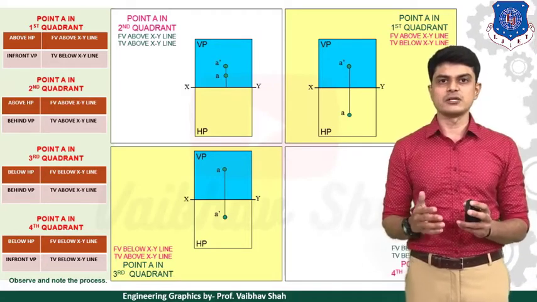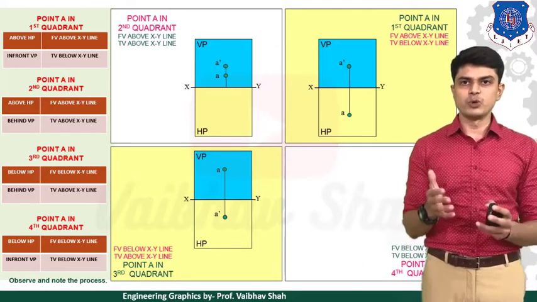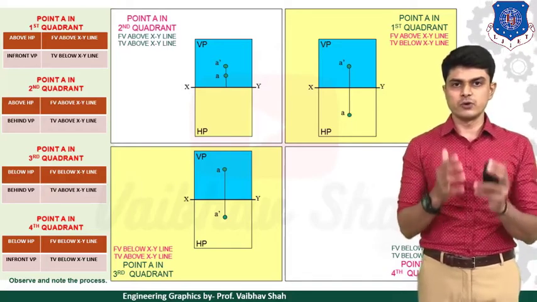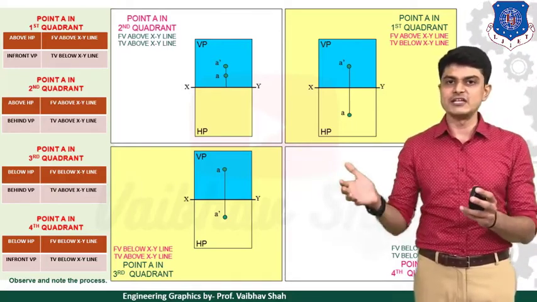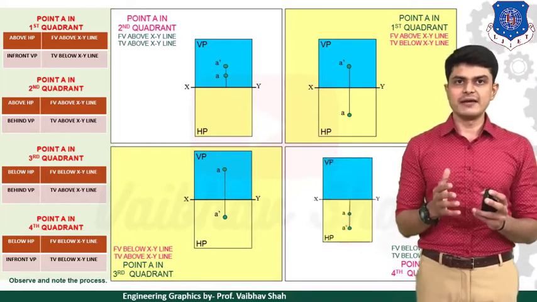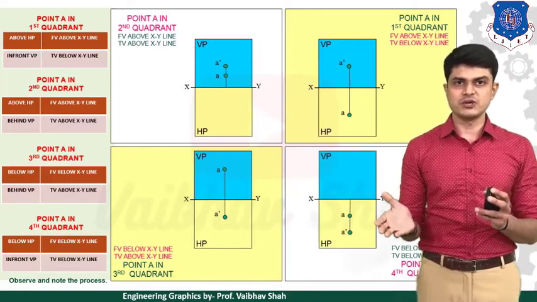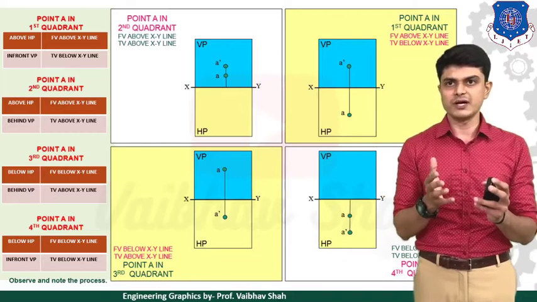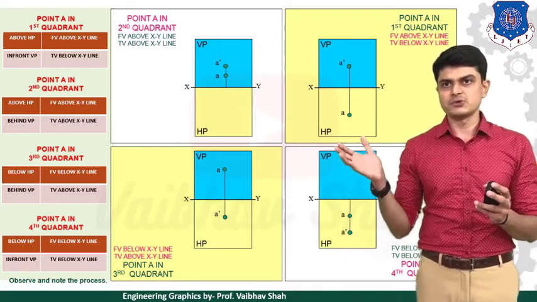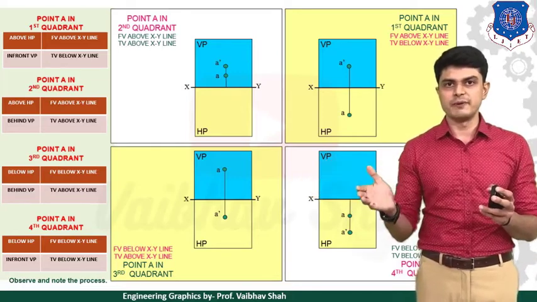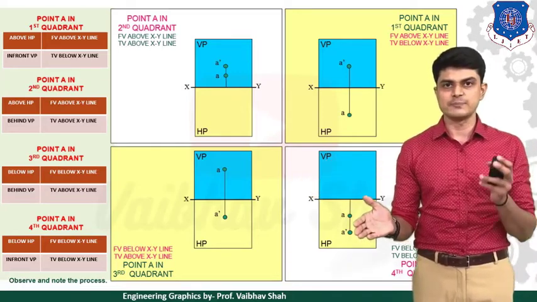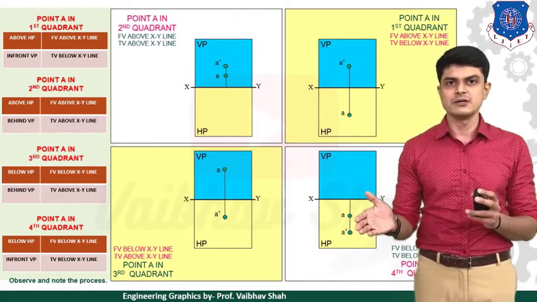Then let us look at the point in the fourth quadrant. Fourth quadrant means, in the table, below HP and in front of VP. Whenever your point is in the fourth quadrant, this must be your answer. Let us see in the table. Below HP means the front view will be below the XY line, as you can see. A dash, the point with the dash, is below the XY line.